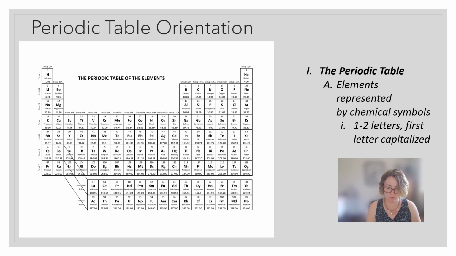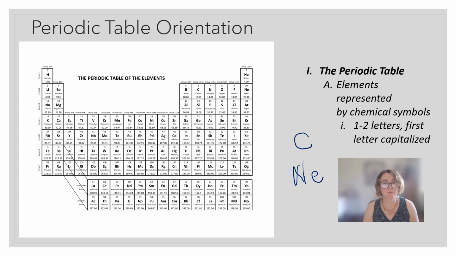So for example, carbon is a capital C, and so your symbol will be denoted either by a one letter or by two letters, and that first letter is always going to be capitalized. So for example, neon would be a capital N and a lowercase e. Most of the time the symbol of the element follows the name. So carbon is a capital C, neon is Ne.